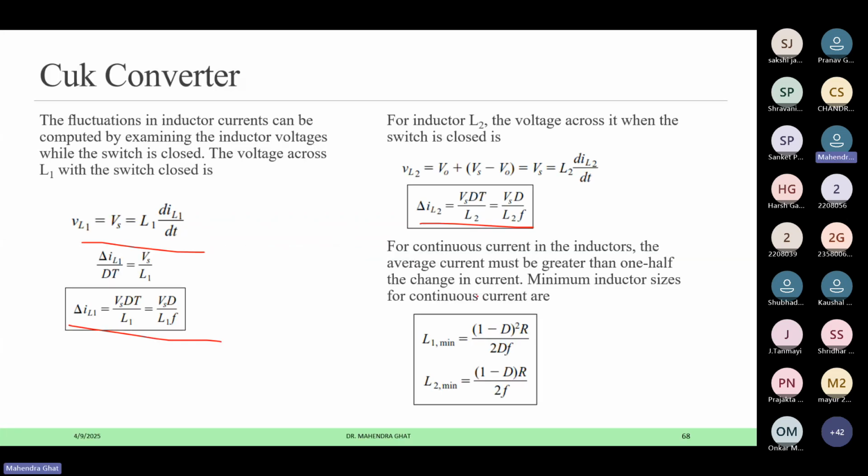Okay, so that's all the basic converter topologies which I wanted to deliver here: buck, boost, buck boost, and Cuk converters. With that, I think we will stop here for today, and we will start tomorrow.